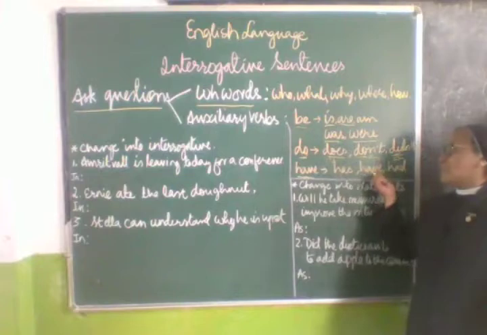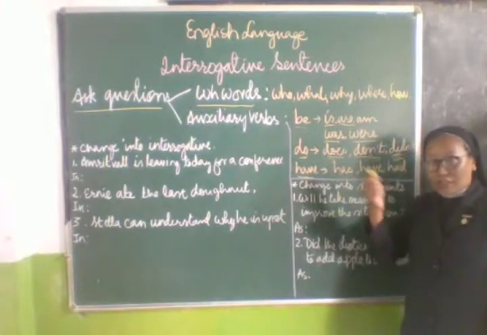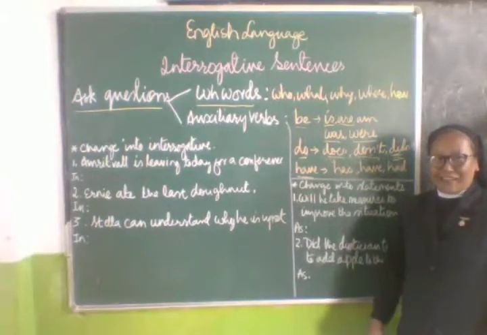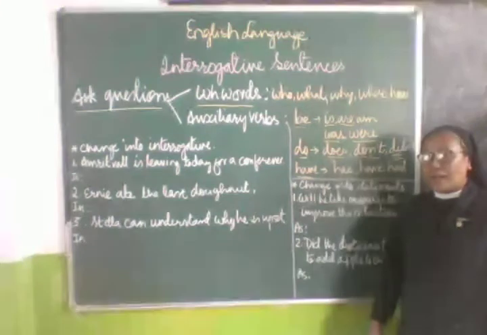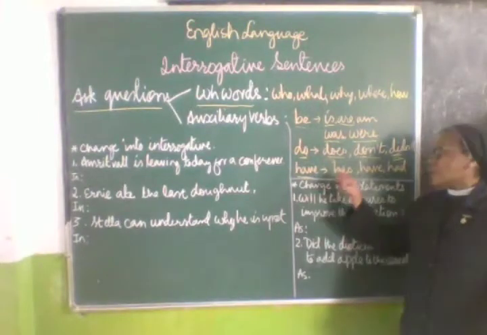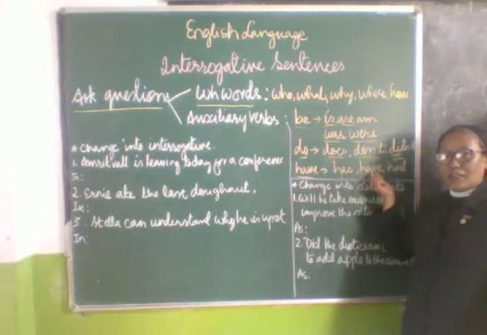So with the plural, whereas has is with singular. Rajkumar uncle has a nice mobile, or Ankit has a toy. So has will go with a singular subject and have will go with plural.